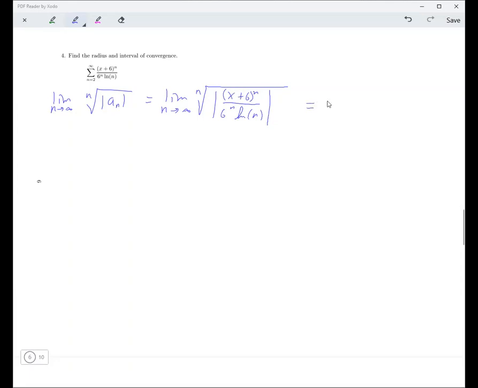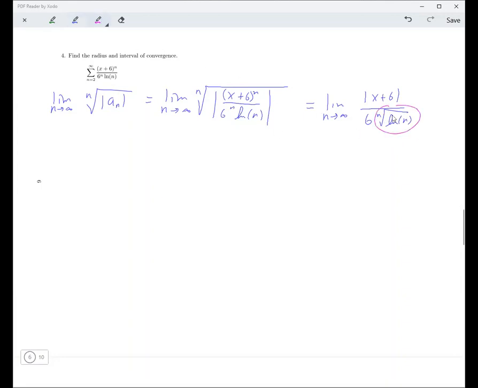Okay, now when you take the nth root of x plus 6 to the n in absolute value, that's going to give you the absolute value of x plus 6. The nth root of 6 to the n will be 6. And you'll have the nth root of the natural log of n.